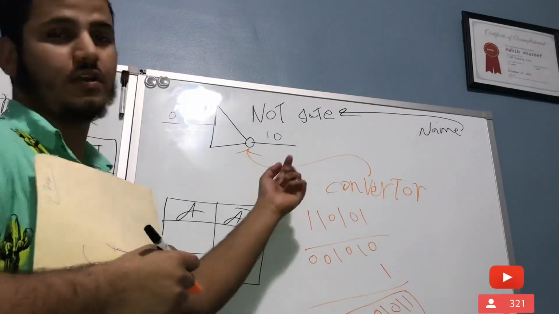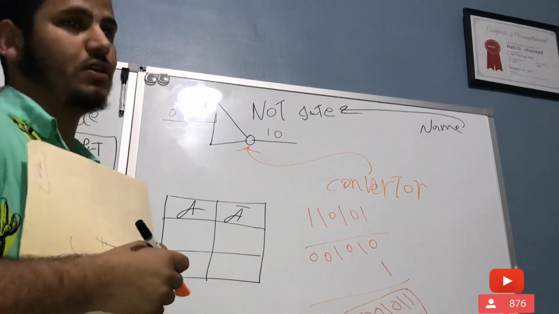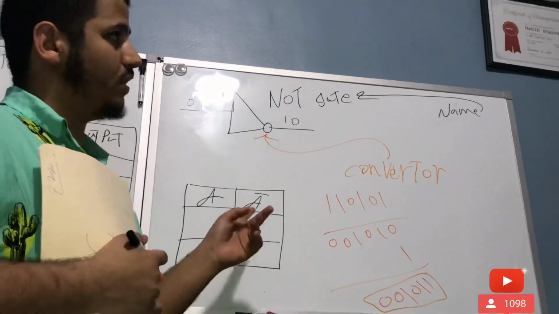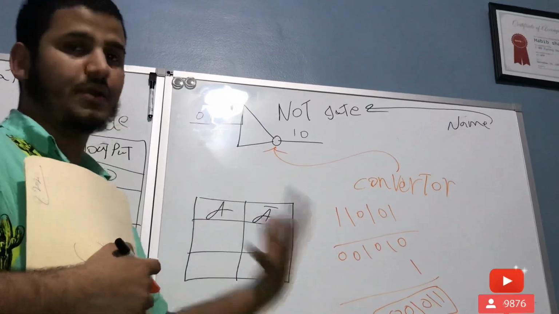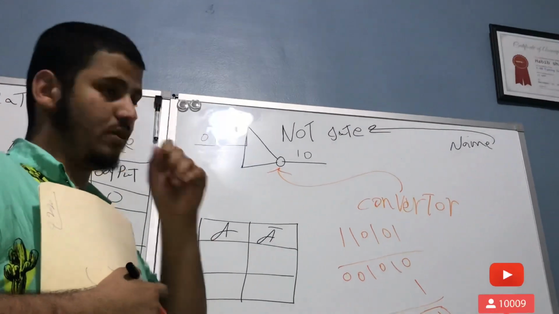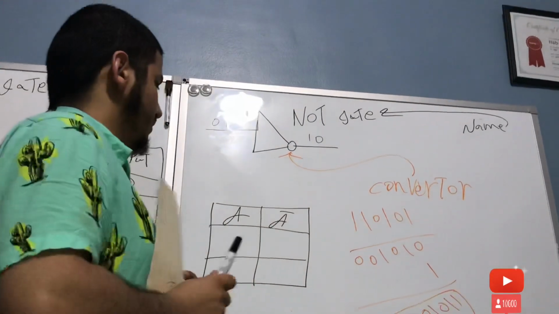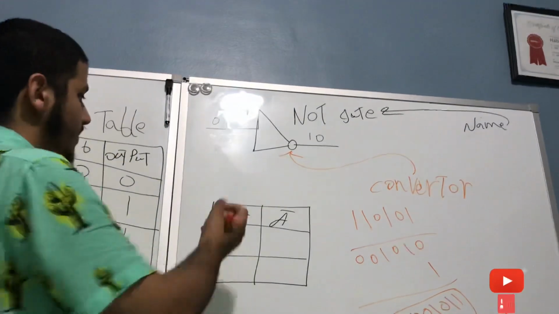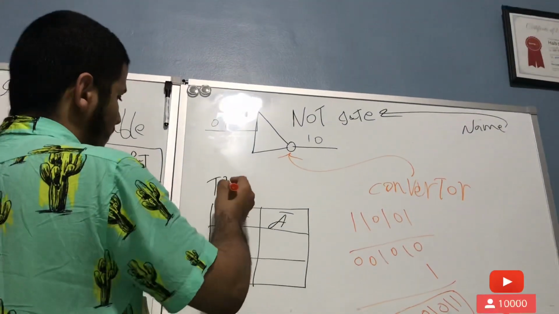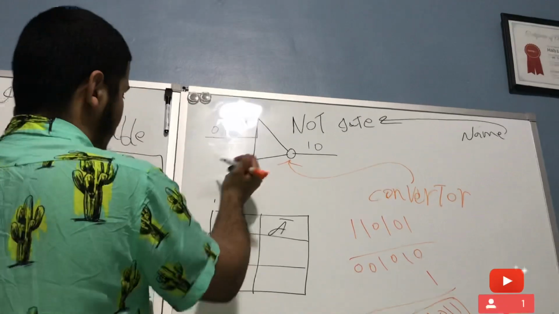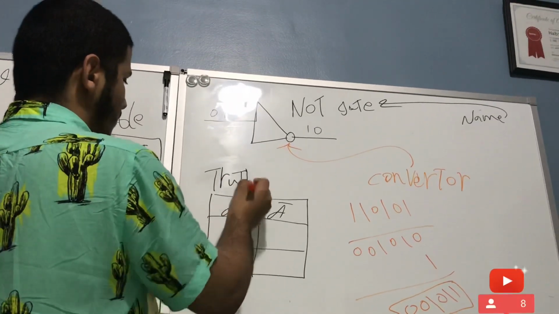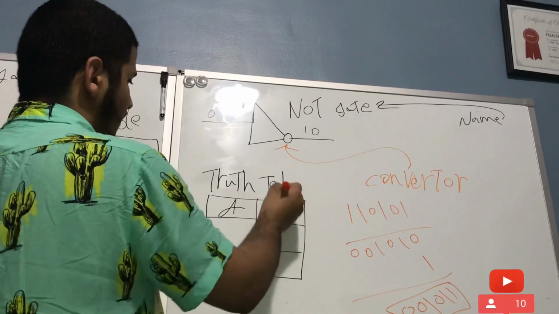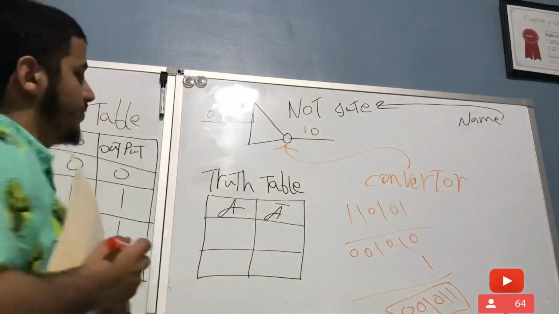I'm going to do more detail of this in the next videos. Hopefully in the next video I'm going to do the design circuits and how they operate, how they work. I'm going to do a basic circuit. Alright, and let's do the truth table. That's a truth table.